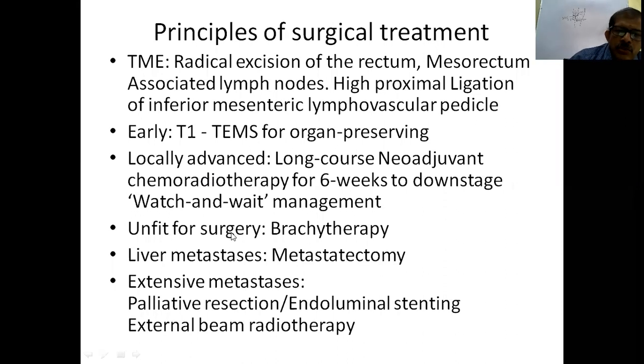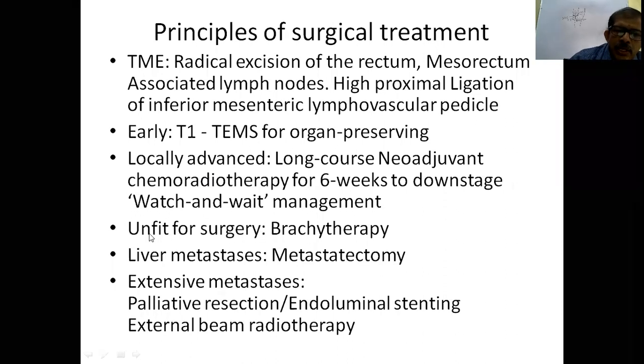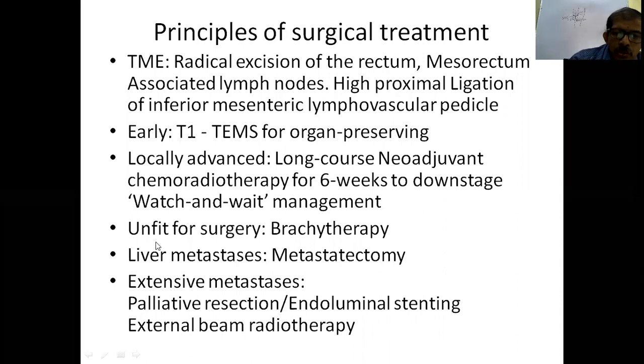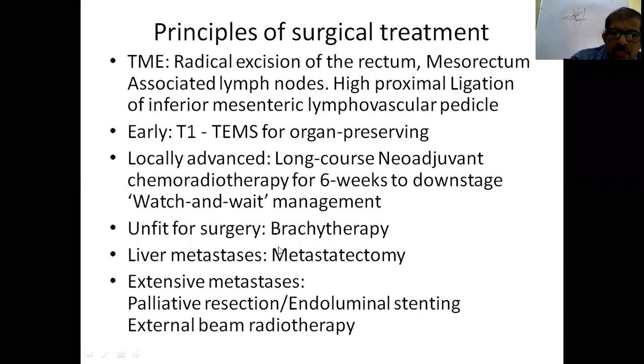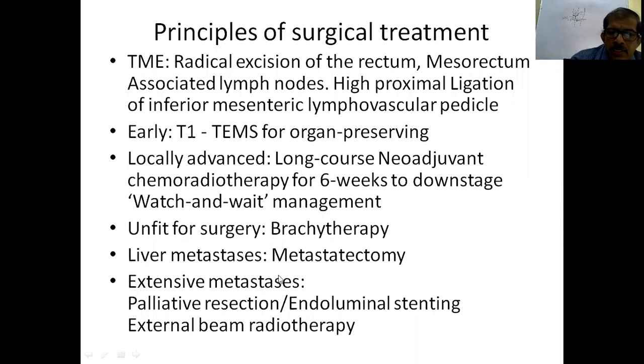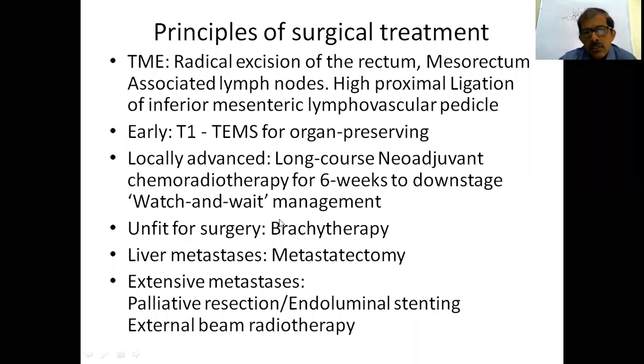Whereas those who are unfit, I already told you, elderly, frail individuals with comorbid conditions, they may not withstand the surgery. So for them, local radiotherapy, the so-called brachytherapy, can be given. And if the prognosis is good, liver metastasis also, the other day we were discussing about liver secondaries, metastatectomy can also be done.